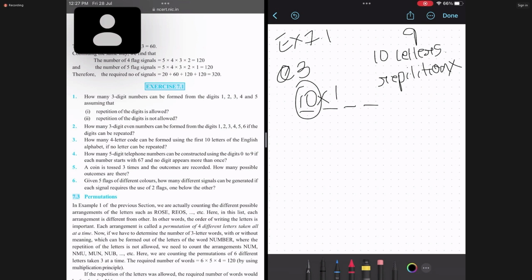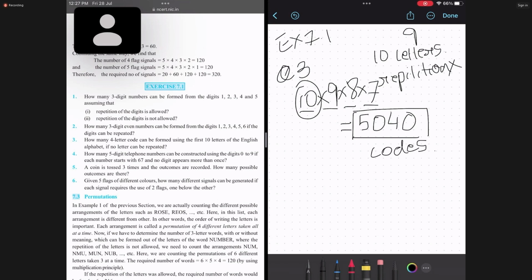So 9 here, similarly 8 here, and now we are only left with 7, so 7 here. When you multiply this, the final answer you arrive at is 5040. So 5040 codes can be generated which are 4 letters long from the first 10 letters of the alphabet, where repetition is not allowed. Correct.